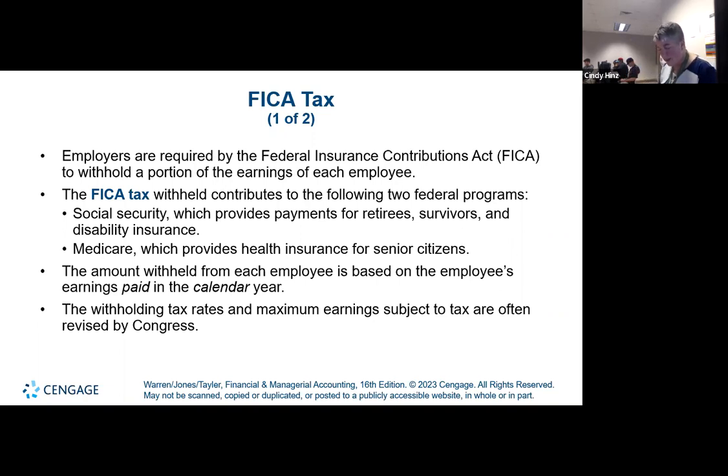That was part of Obamacare, or the Affordable Care Act. So Social Security is regressive, and Medicare is proportional, somewhat progressive now with that surcharge.